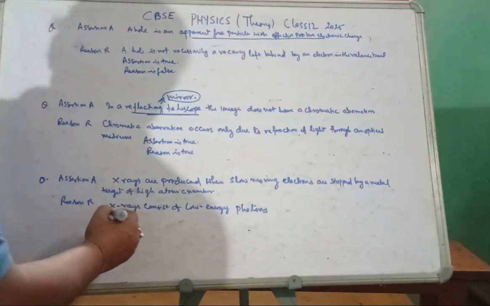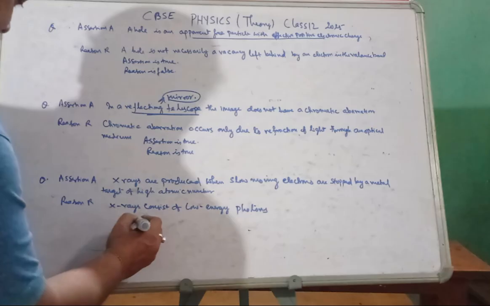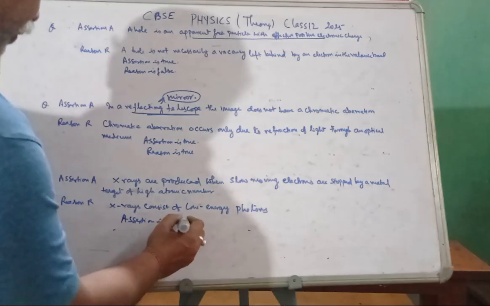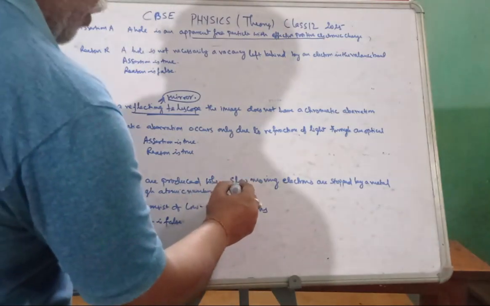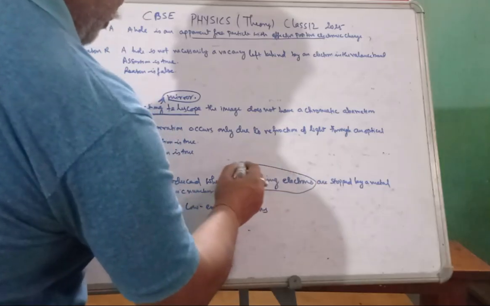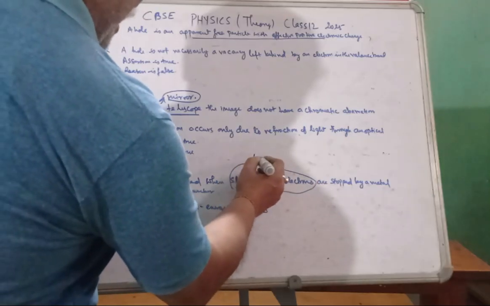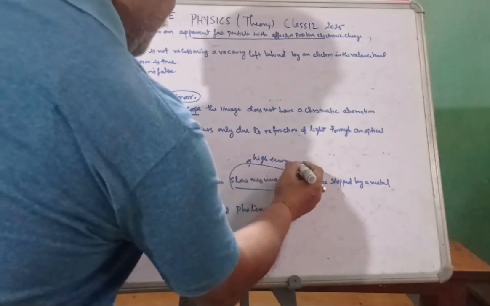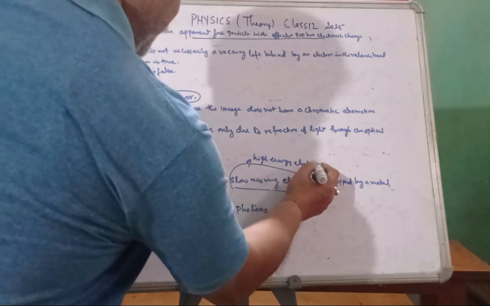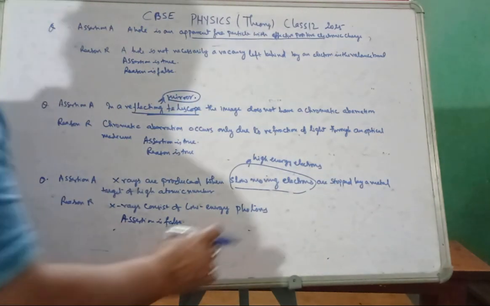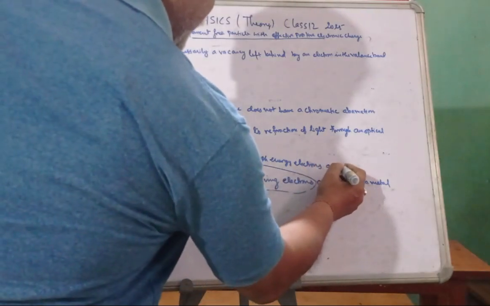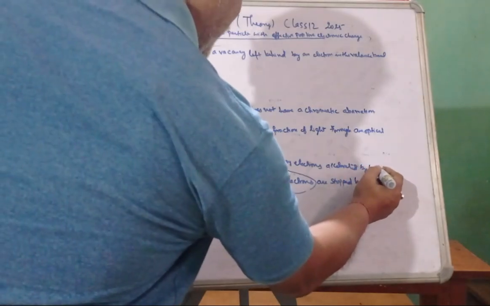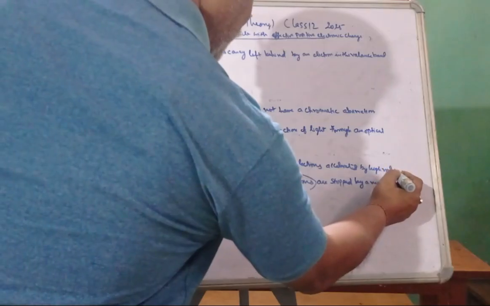Your assertion is false, because X-rays are not produced by slow moving electrons. They are produced by high energy electrons accelerated by high voltage.